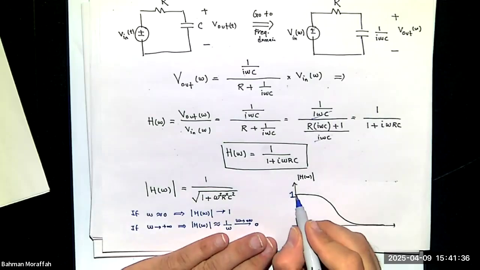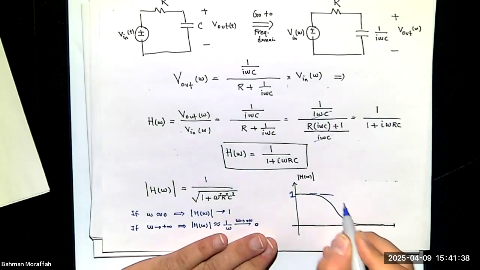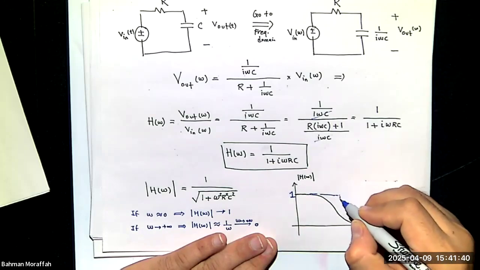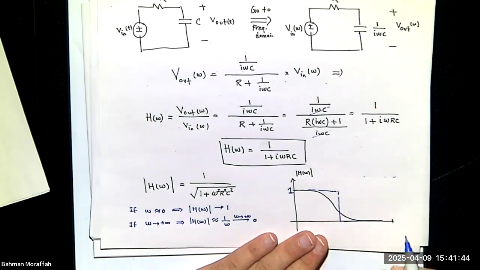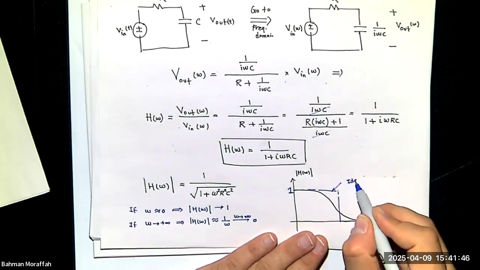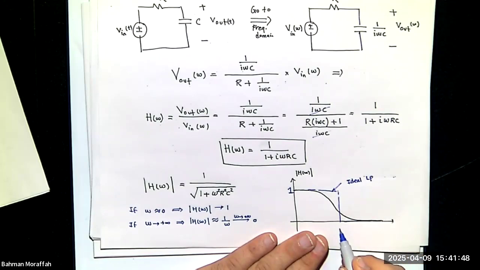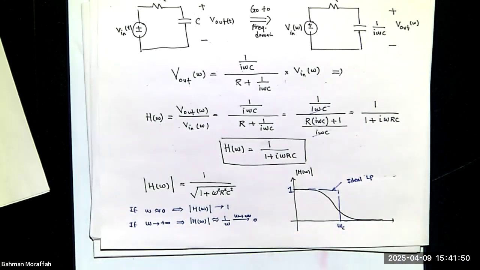If I compare this to my ideal low-pass filter, this is my ideal low-pass filter, which I know has this omega c. So for this flat graph that I have over here, I have to be able to determine what this omega c is.